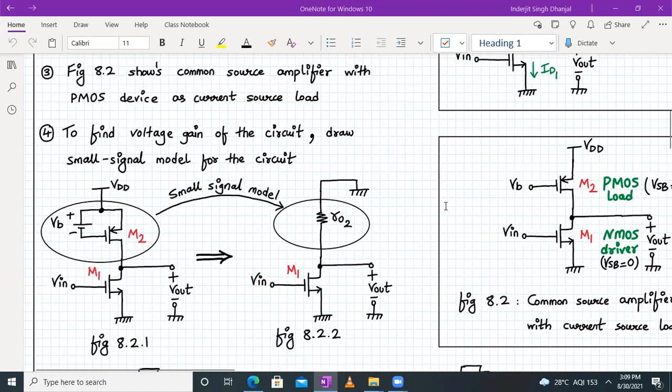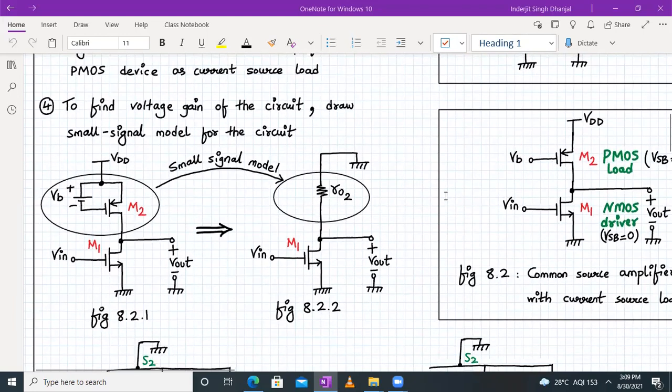Let's get into the task of calculating the voltage gain of the circuit. In the last session, we saw that whenever a PMOS transistor is in the saturation region, its small signal model can be just a resistor, and that resistor is RO. Since this is the M2 transistor, we connect it as RO2.